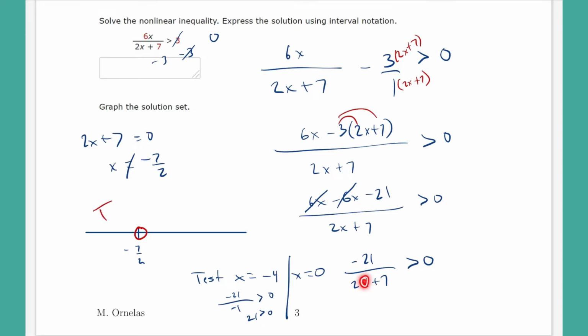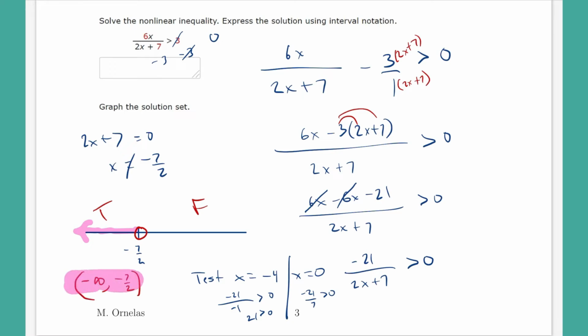If you plug in 0 here, you're going to get negative 21 over 7. Is that greater than 0? No, that is less than 0, so that would be false. And so your solution set will only be the left side. Interval notation, that would look like negative infinity, comma, negative 7 over 2, parentheses on both sides.